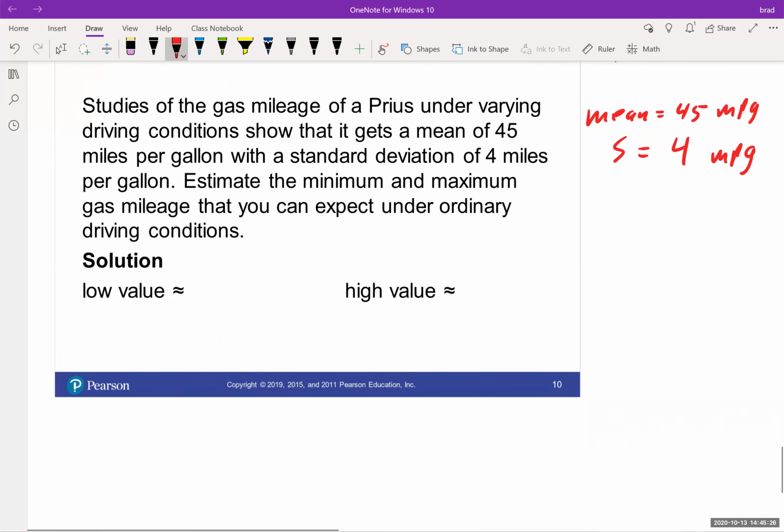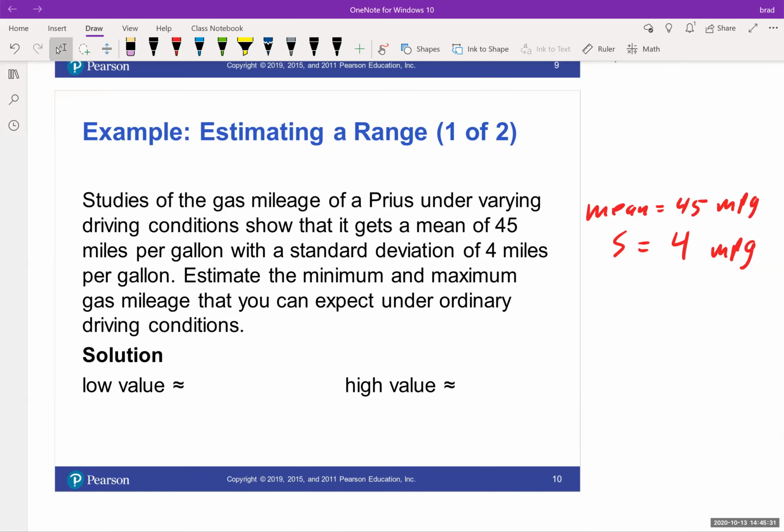Let's find our low value. We take the mean of 45 and subtract 2 times the standard deviation, which is 4. So we get 45 minus 8, which is 37. We would expect to get 37 MPG on the low end.